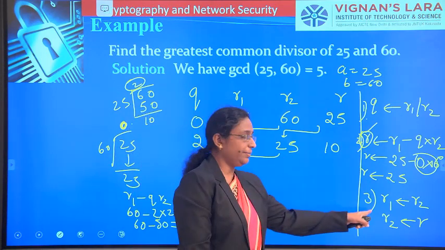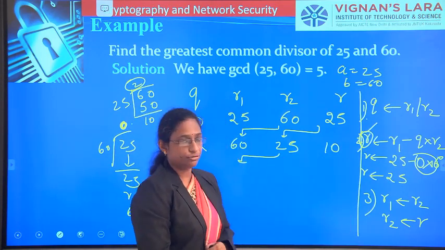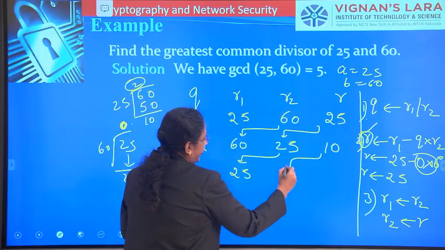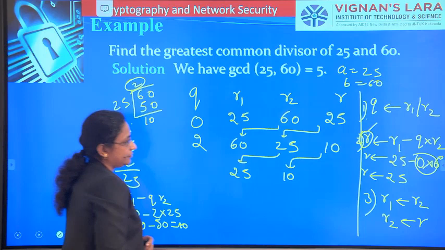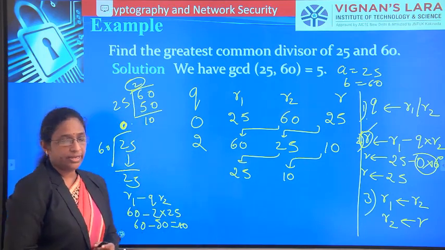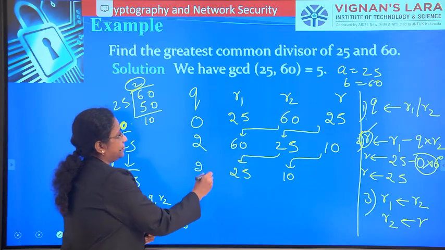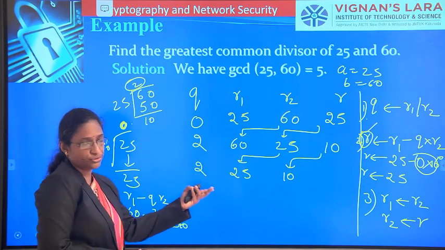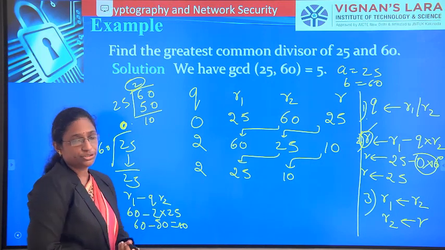After that, the third step: you are updating the R1 and R2 values. So again you will be getting 25 and 10. Again you divide 25 by 10. You will be getting a quotient of 2, since 10 twos are 20.